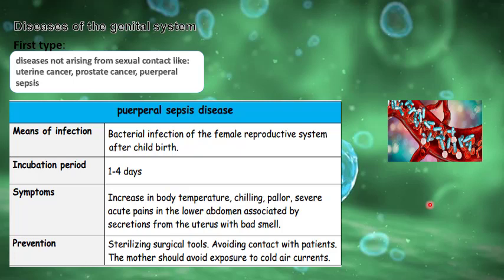Its incubation period is from 1 to 4 days. Symptoms of this disease: increase in body temperature, chilling, pallor, severe acute pains in the lower abdomen associated with secretions from the uterus with a bad smell. Prevention: sterilizing surgical tools, avoiding contact with patients. The mother should avoid exposure to cold air currents.